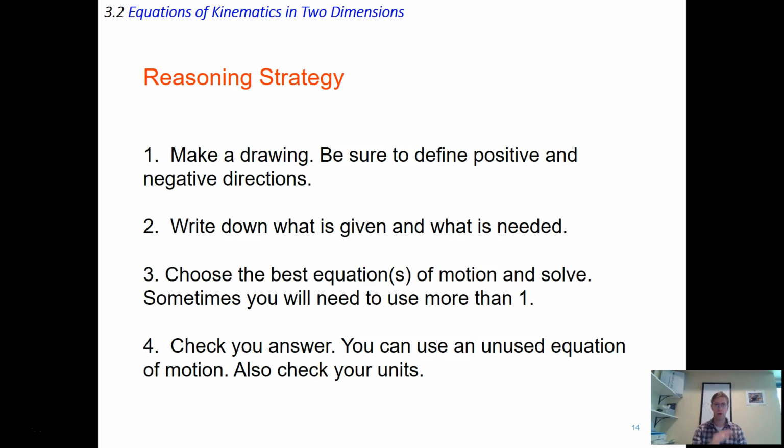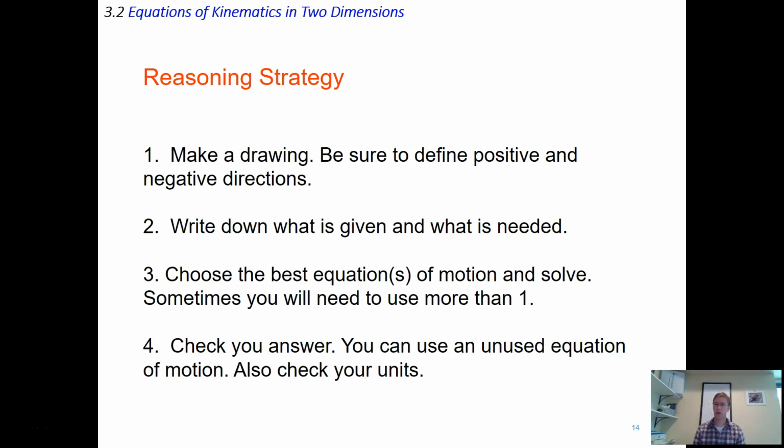Make sure you know what you call positive and what you call negative. Make your list of all your givens, the things you know and what you're looking for, just like before. But now you have two sets: all the x variables and all the y variables, and the time is shared between them. Once you do that, you can choose which of the equations. Likely you're going to need more than one now, 2, 3, 4, and then you try to solve.